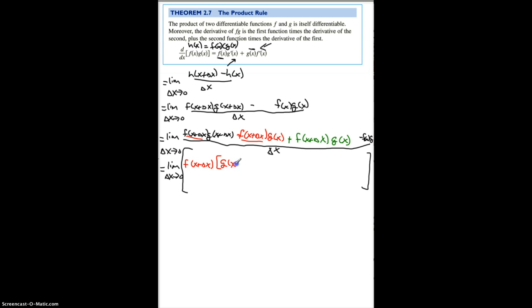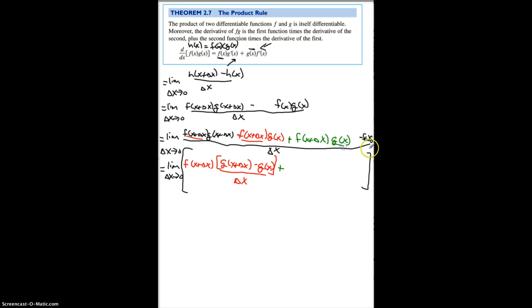g of x plus delta x minus g of x. Now I'm going to break this up, and I'm just going to put delta x right here, and you're going to see why in a minute. Now to that, I'm going to add this part right here. Now what do I have in common here?